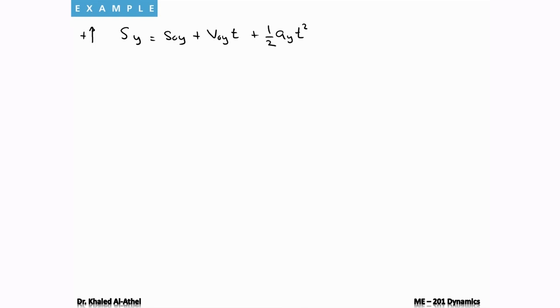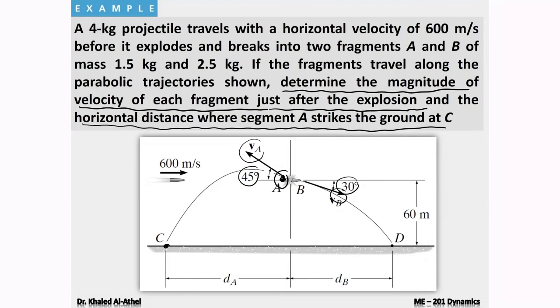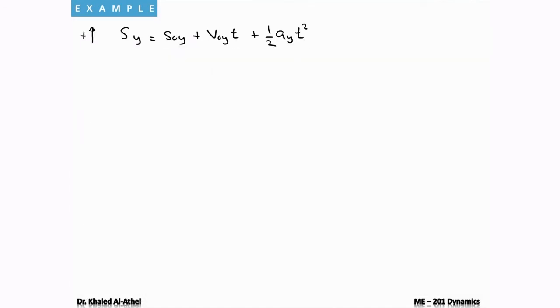Since this was my origin, then point C is basically down by 60 meters. So I'm going to say minus 60.